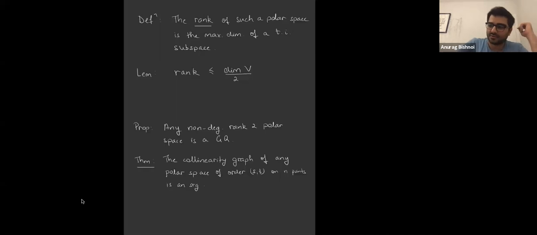Okay, and now you can immediately see that this rank is always at most the dimension of the underlying vector space divided by 2, and the reason is as follows. S is contained in S perp. This implies that the dimension of S is less than or equal to the dimension of S perp.